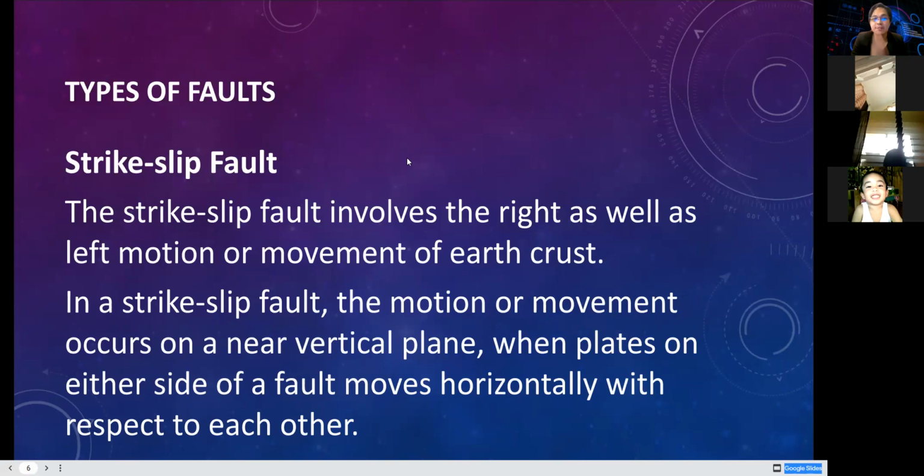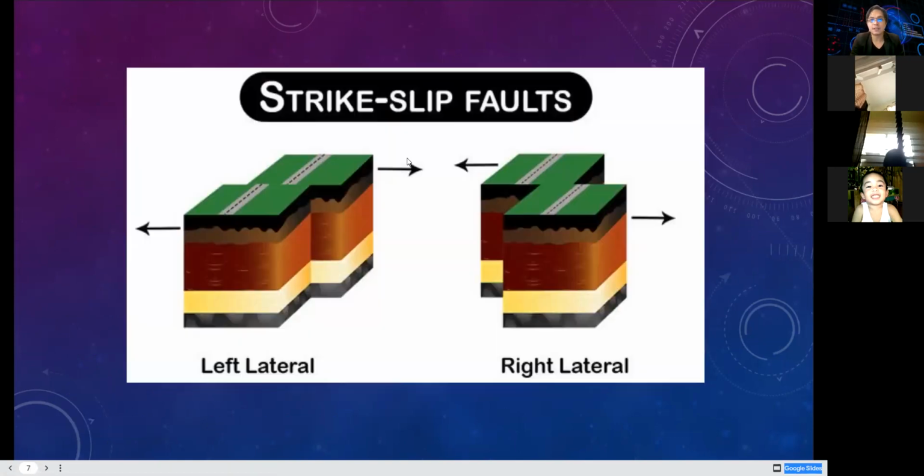In a strike slip fault, the movement occurs on a near vertical plane, when plates on either side of the fault move horizontally with respect to each other. Just like this one. This is the left lateral strike slip fault, and this is the right lateral strike slip fault.